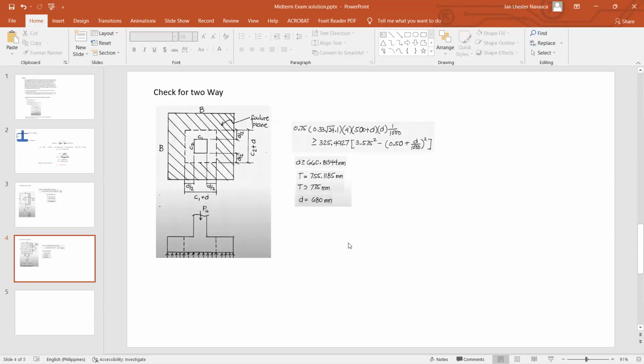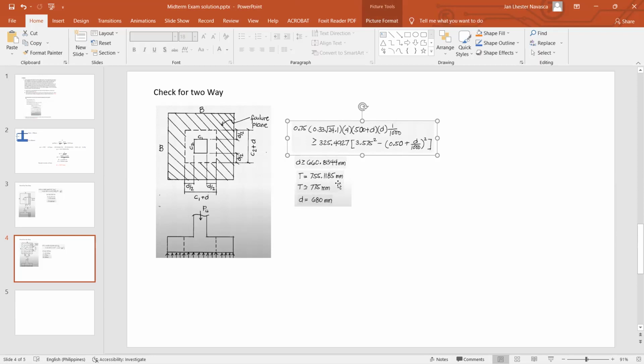So the governing capacity is yung value A, which is yung 0.33 lambda square root of f'c. So that 0.33 lambda square root of f'c is this one, yung 325.4927 kPa. And solve for d, I also get now 660.8344. Okay, then solve for t.